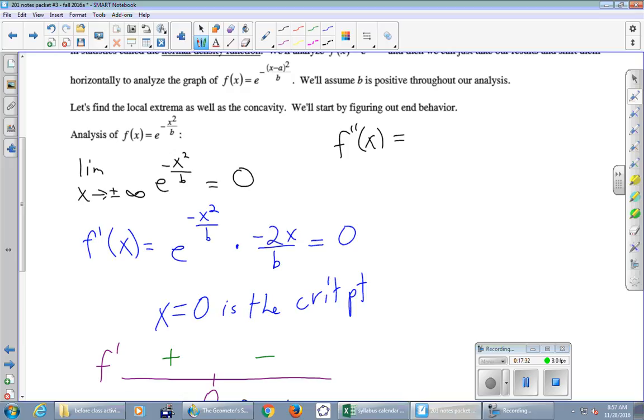So first times derivative of the second. First times the derivative of the second. Again, you could use the quotient rule, but I'm hoping we don't. -2 over b is the answer. That's it. This whole thing right here is a constant times x. Yeah?